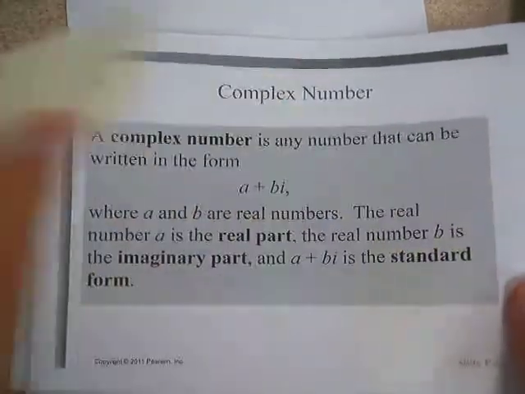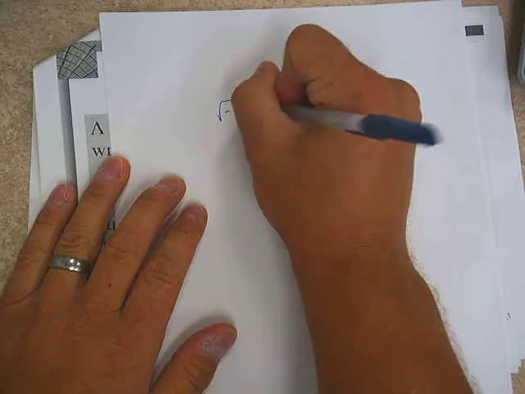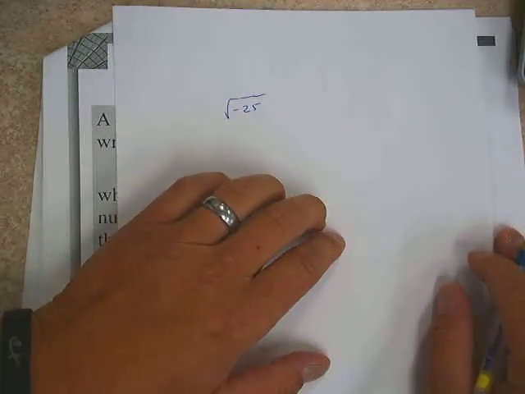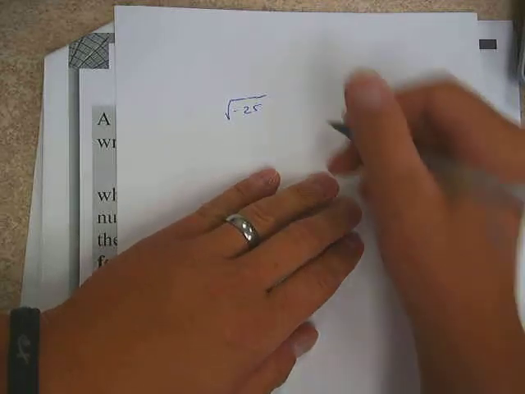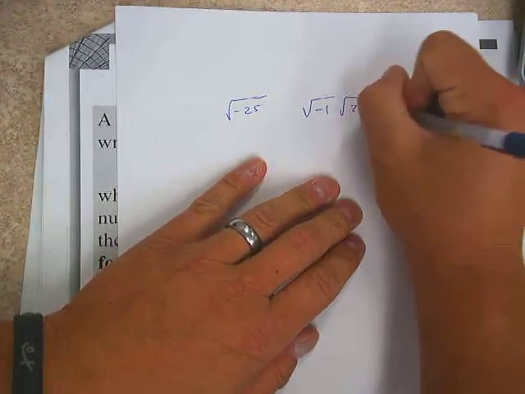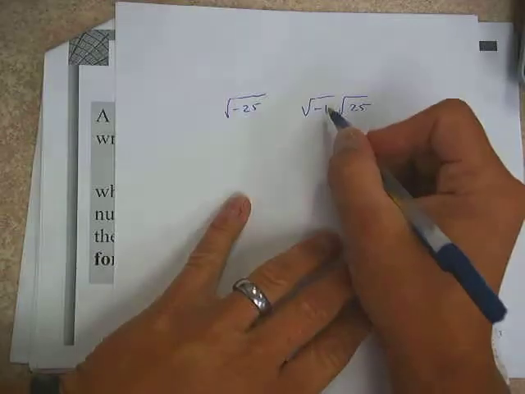under radicals. And before we look at the definition of a complex number, let's just say for argument's sake that we wound up with a discriminant value of negative 25, because that could very well happen. So to review, what we learned in Algebra 2 is that when we have that situation with a negative under the radical, we can separate that into negative 1 times 25, which is the same as negative 25.